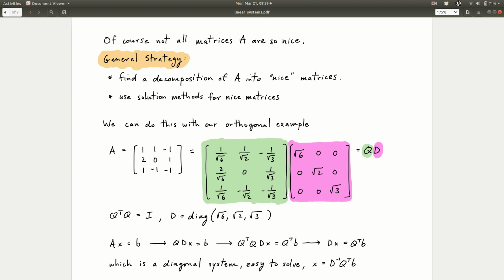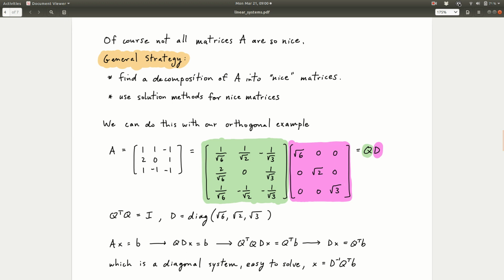By the way, this is an example of a QR decomposition. That's why I'm using the Q. And technically, this is an upper triangular matrix, which is what the QR decomposition does. We're not going to cover that in this video, but we will in the next one. So this is just an example of what I mean by decomposing our original matrix into a product of nice matrices. This is orthonormal, so we know what to do with it. This is diagonal, so we know what to do with it.